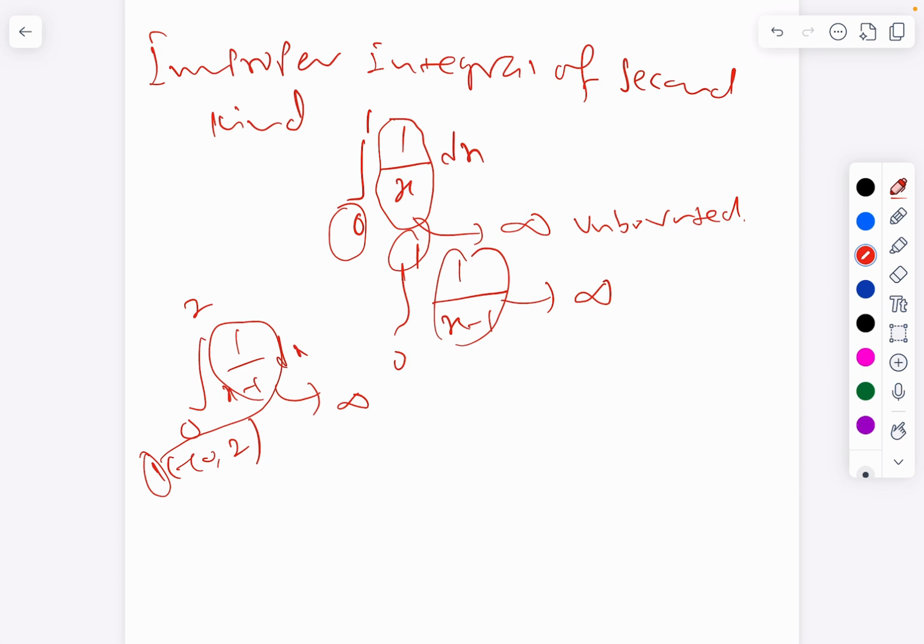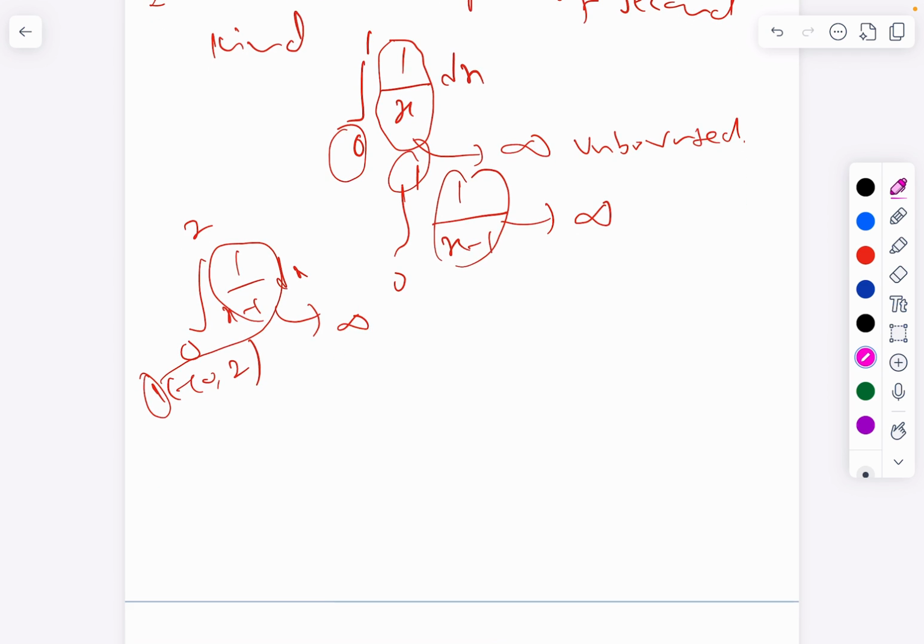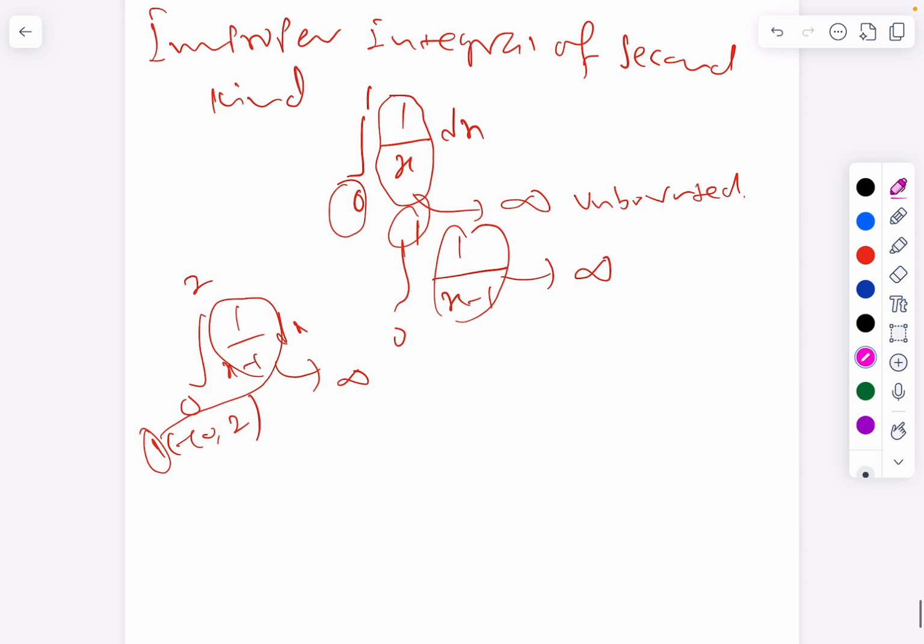So in such a situation, where the limits of integration are finite but the function gets infinite, such an integration is known as improper integral of the second kind.